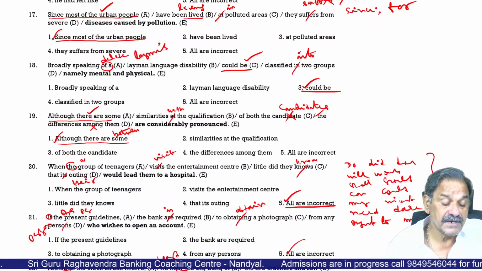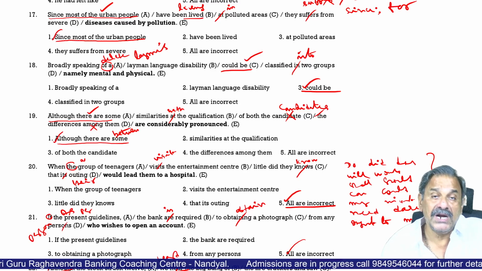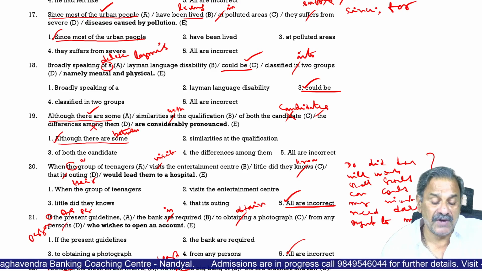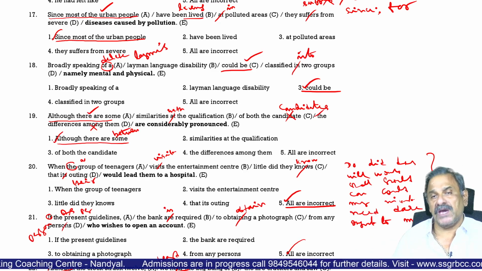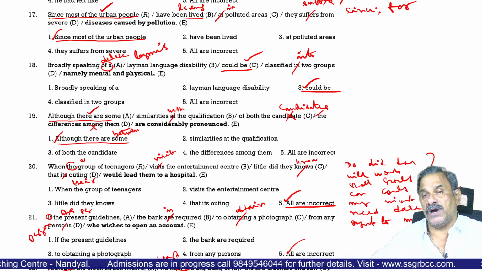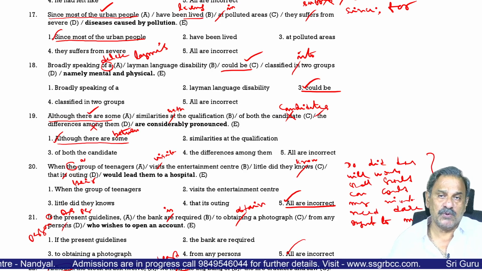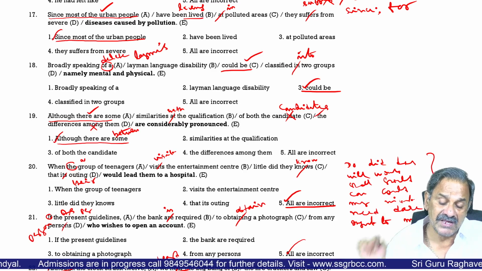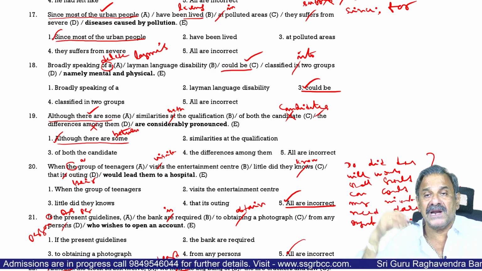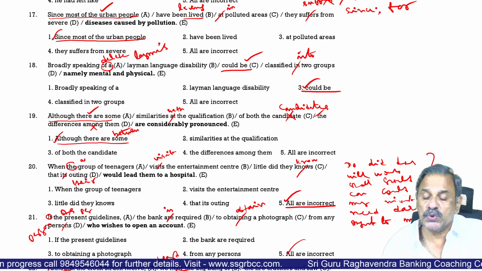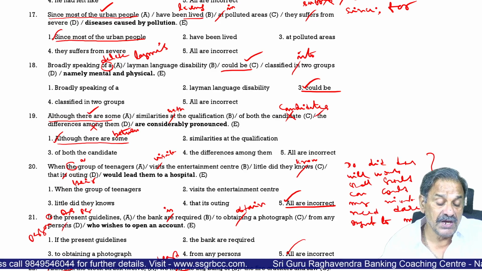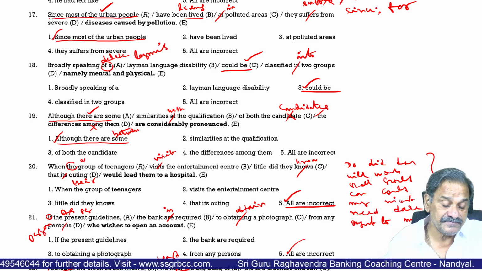Then, next, the 18th one. Broadly speaking, no need to use of a. Broadly speaking, in layman's language. It should be in the possessive case. After the possessive case, like Rama's book, Sita's pen, after the possessive case you have to use a noun. Language. Disability could be classified into two groups, namely mental and physical. Classified is a word followed by the preposition into.